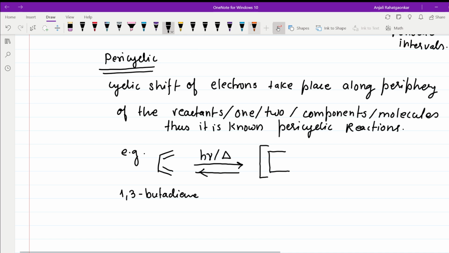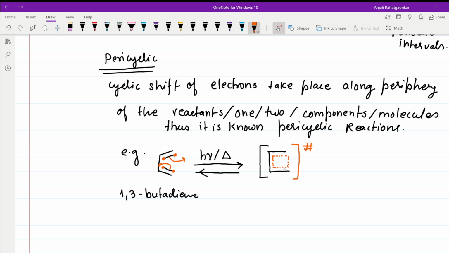Now here I could show you some more things. These are the two electrons. I always tell you to try to find the electrons. Whenever the reaction has started, the flow of electrons starts moving. The definition tells us that the reaction proceeds via formation of a cyclic transition state.